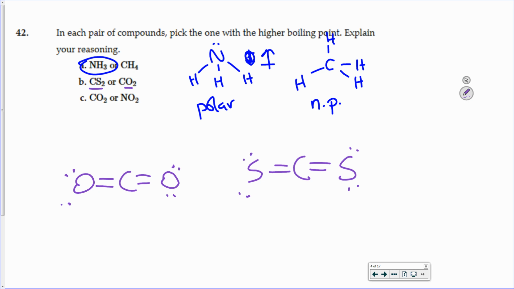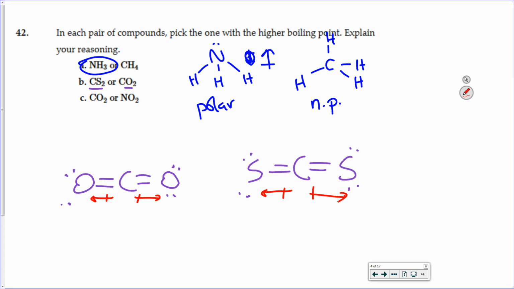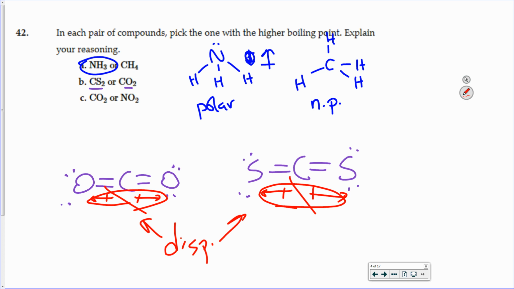Both have dipole moments between the carbon and the oxygen, or between the carbon and the sulfur, but the fact that they're linear and symmetric means the dipoles annihilate each other. So the only type of forces I have in both of these are dispersion forces. Now I've got two things that only have dispersion forces. Which one's going to have the highest intermolecular forces and the highest boiling point?